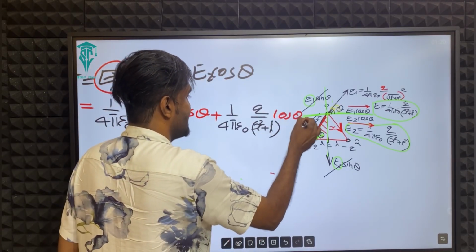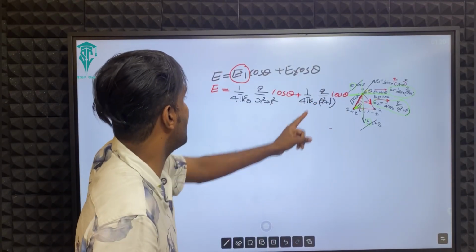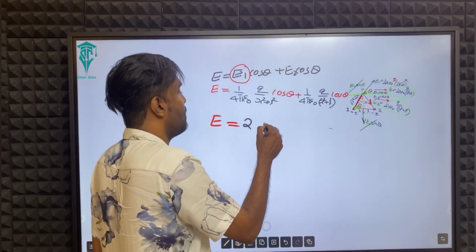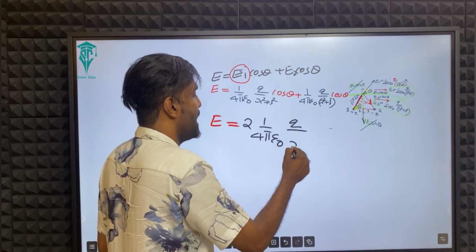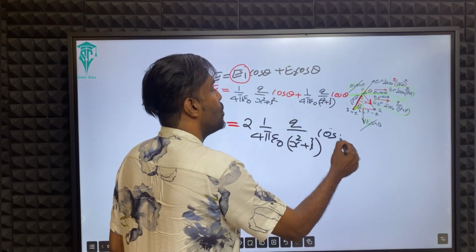Both are identical values, so net electric field intensity will be equal to 2 times 1 by 4 pi epsilon 0 q by x square plus L square cos theta.